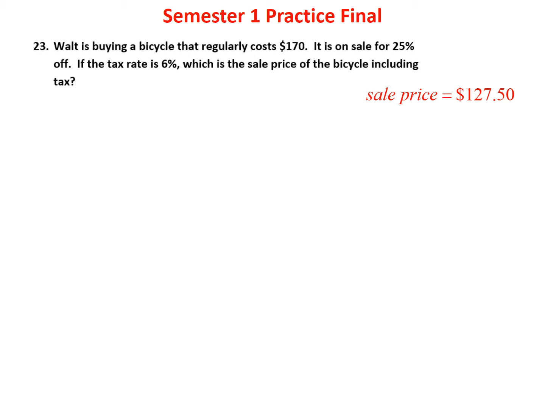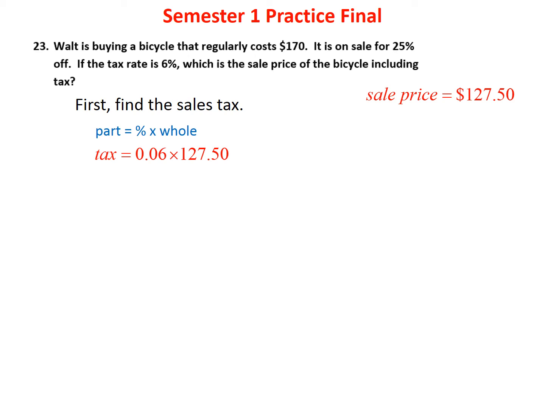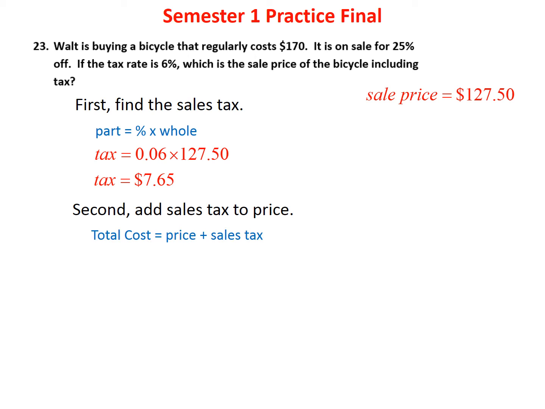So let's start work on the tax now. The sale price we decided was $127.50. Now let's find the sales tax. Again, part equals percent times whole, so the tax is 6% times 127.50, and my tax is $7.65. To find out what I actually have to pay the store, we add the sales tax to the price.